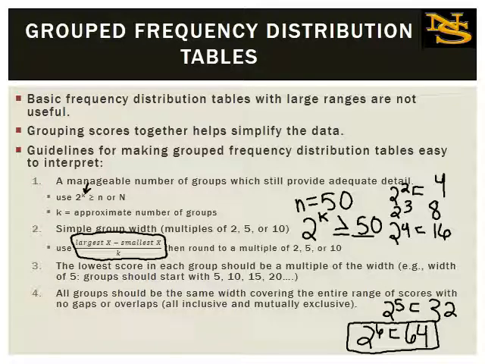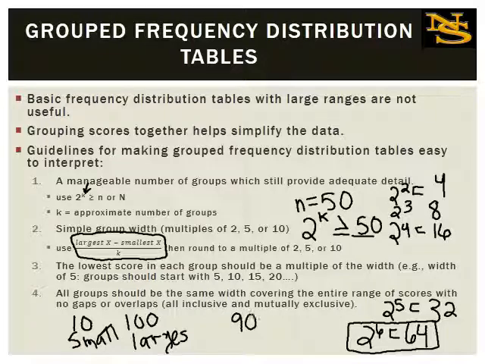Let's say in this example that the smallest value in our data set was a 10 and the largest value was a 100. We would take 100 minus 10 to get 90. Divide that by 6, our k, and 90 divided by 6 is 15.